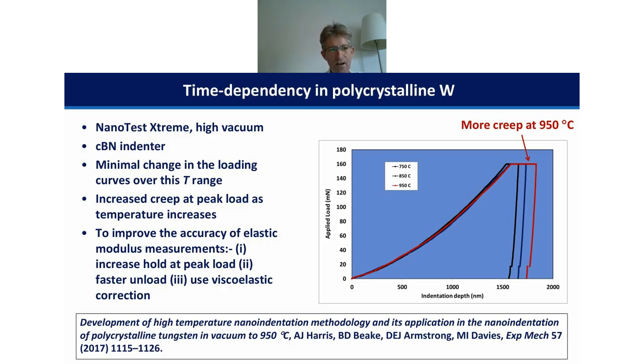What's interesting is that over that particular temperature range, tungsten's loading curves are relatively constant, so it's almost athermal in terms of its behavior under loading. But nevertheless, over the whole period of peak load, you can see there's increasingly more creep.